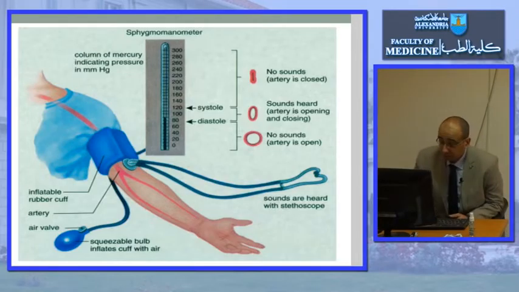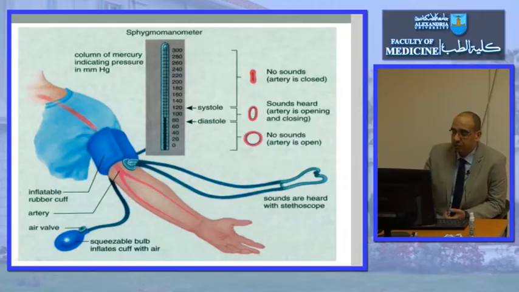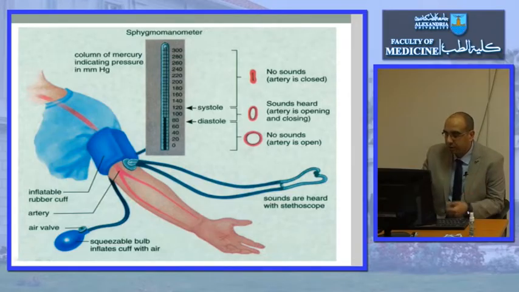What are the blood pressure readings and what are the interpretations? For systolic blood pressure, we increase the pressure through the inflatable cuff until occlusion of the artery. When the artery is completely occluded, there is no sound. The sound is the passage of blood through the opened blood vessel.